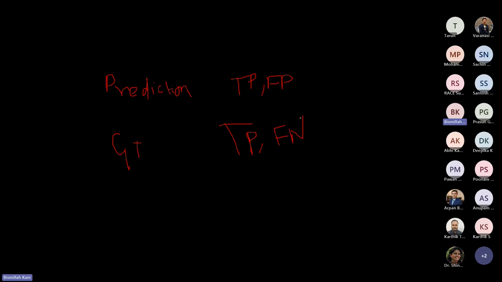If IOU is greater than 0.5 and the class name is matching, it becomes TP, else it becomes FP. For every ground truth, if you have a prediction with IOU more than 0.5 and the class name matches, then it becomes TP. If you have a ground truth but you don't have a matching prediction, then that becomes a false negative.